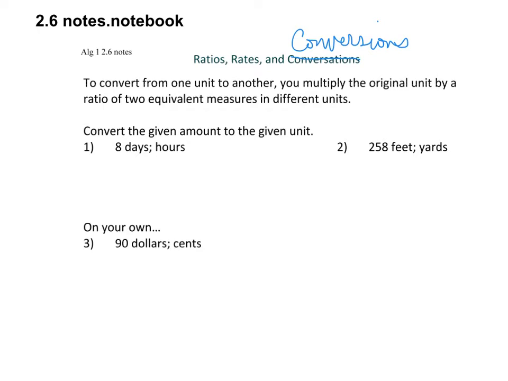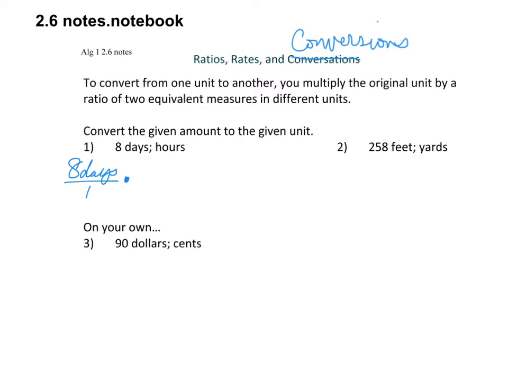So we're going to start with number 1, where we convert 8 days into hours. I like to think about things as a fraction sometimes, and I'm trying to get rid of this unit of days. So we want to multiply by some sort of ratio.